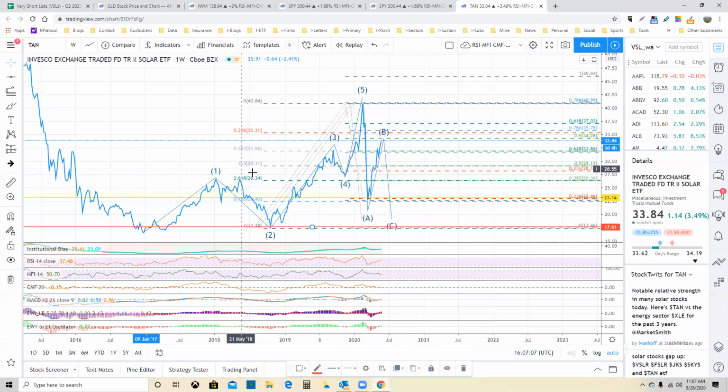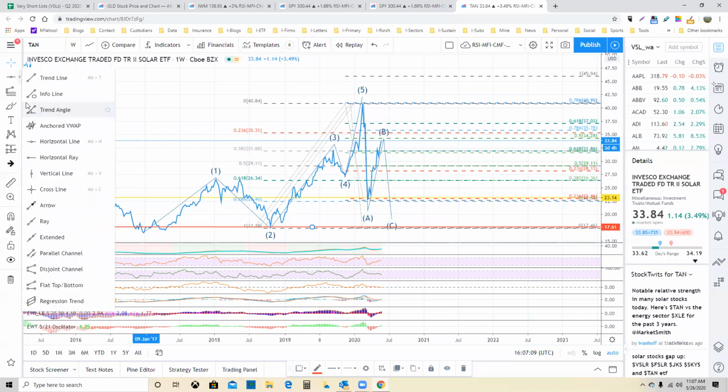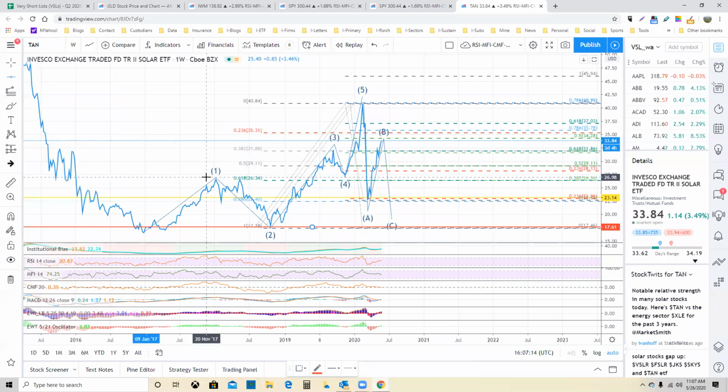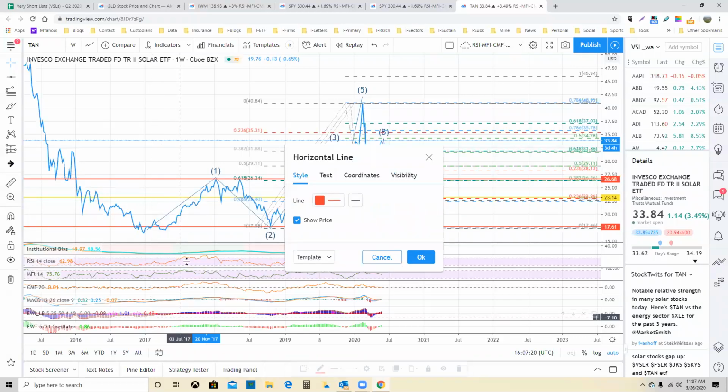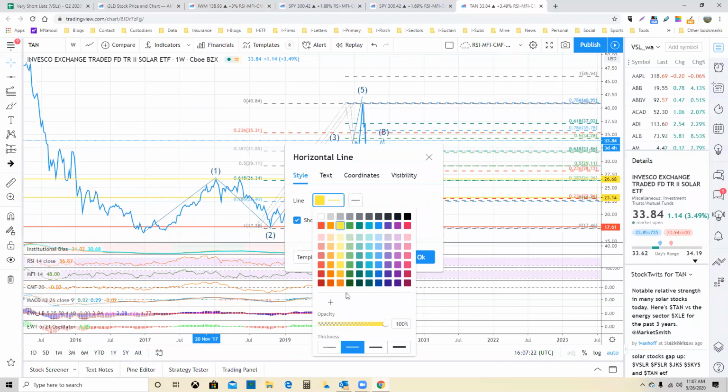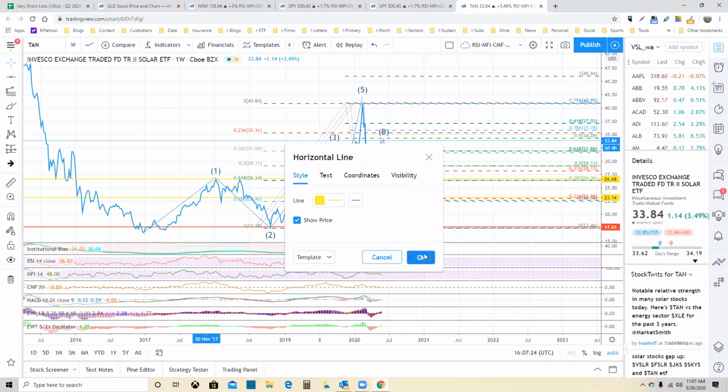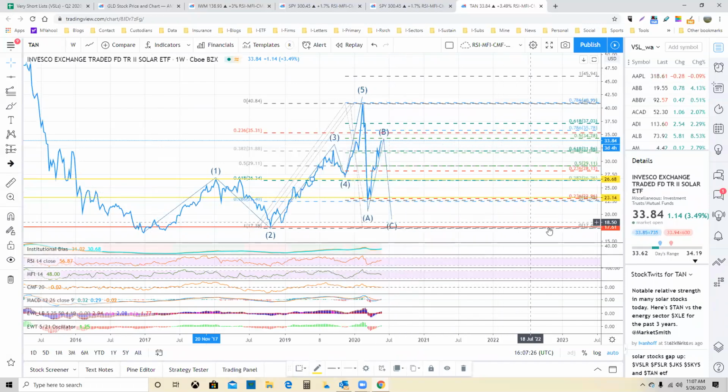So you could put in a second support line here. Right about there is another spot where, if you were more aggressive, depending on your risk tolerance, you could start buying right around 27 on the solar ETF as well.